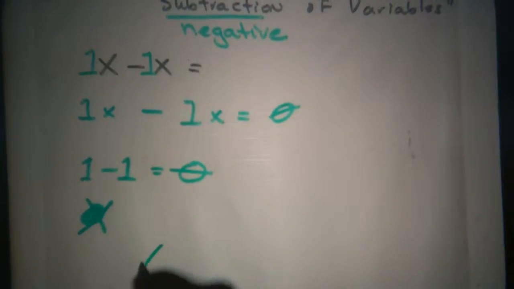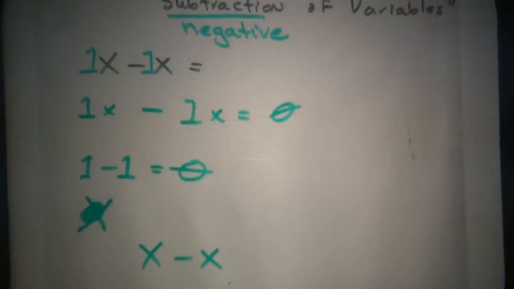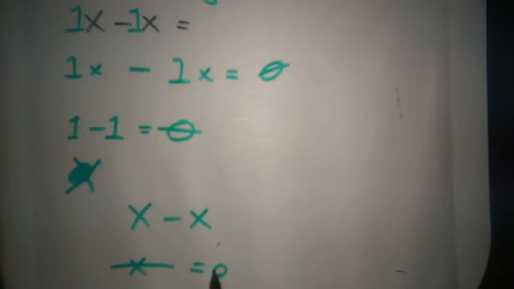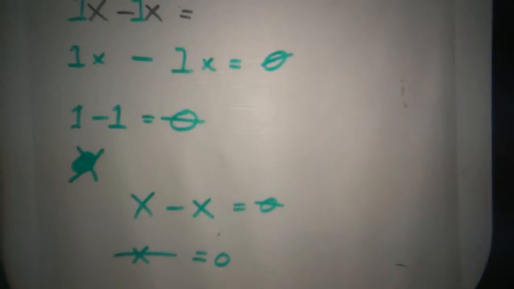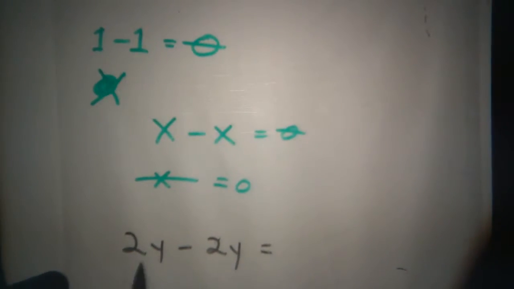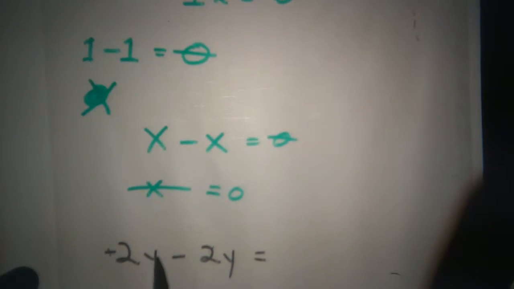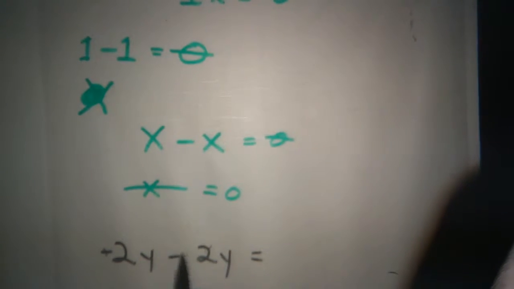Alright, so if you have x minus x, even without thinking about the 1 in front, if you have an x, if I'm taking away that x, how many x's do I have? 0. I have no x's left. The same thing if I had another coefficient in front of this. If I had 2y minus 2y, what we say is add its opposite, like this.